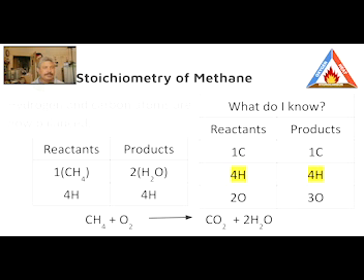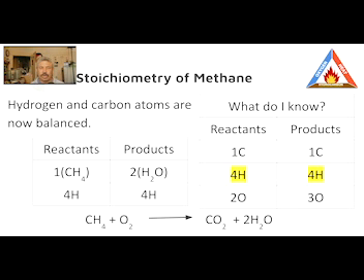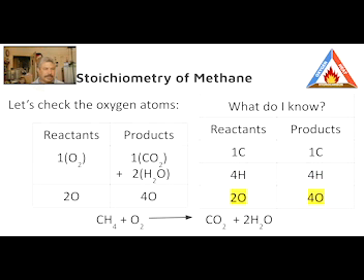Now, my hydrogen and carbon atoms are balanced. 1 carbon on the reactant, 1 carbon on the products, 4 hydrogens on the reactants, and 4 hydrogens on the products. Now let's move to the oxygen. On the reactant side, there's only oxygen in the oxygen molecule, and that's 2.